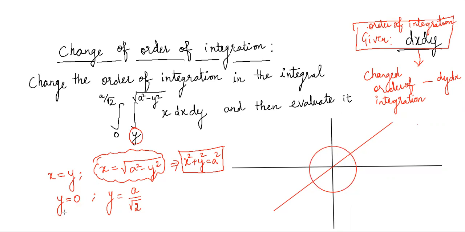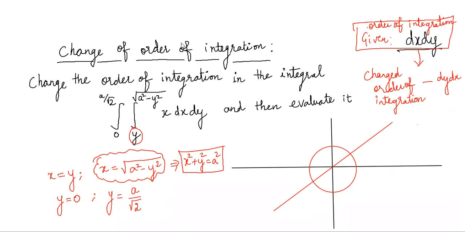Then the third equation, y equal to 0. This y equal to 0 is the equation of the x-axis. And then y equal to a by root 2. Let us draw this line, y equal to a by root 2.